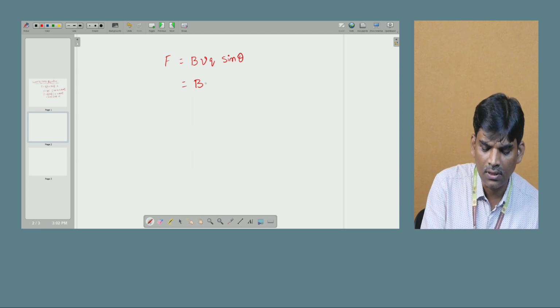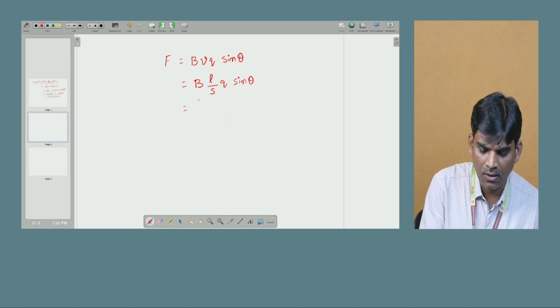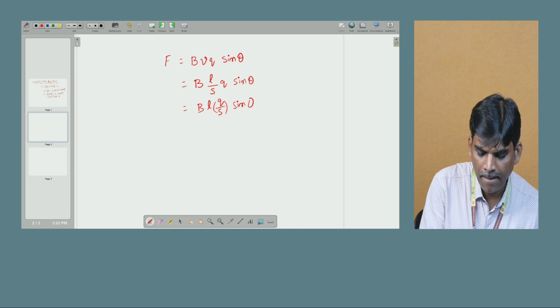V is nothing but meters per second, so take the length of the conductor L in meters and time in seconds, and Q sin theta. I rewrite this as B L Q by S sin theta.